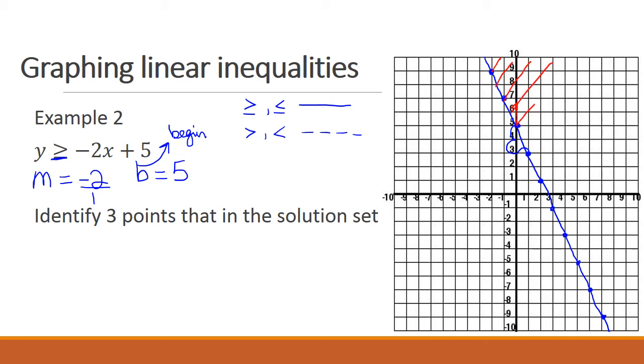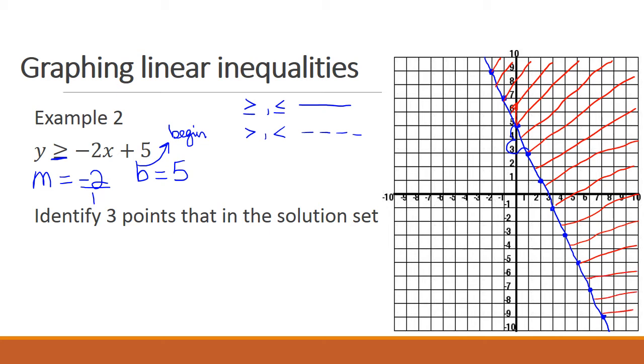That means I'm going to shade these values, because any point in this shaded area is going to make the inequality a true statement. So I'm shading this area that includes every point that satisfies the inequality above the boundary line.